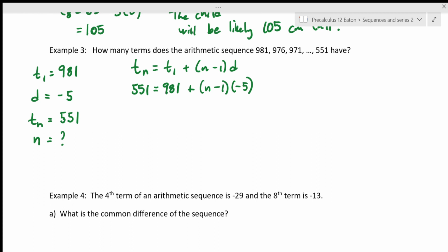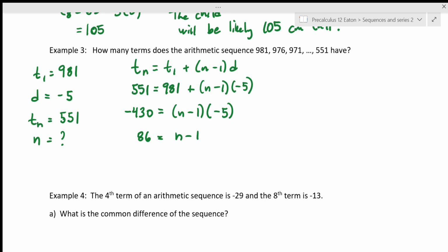Okay, so now I usually try to just get all the numbers on one side first before dividing. So I'm just going to subtract 981 from both sides, which leaves me with -430 is n minus 1 times -5. And then I'm going to divide both sides by -5, which gives me 86 equals n minus 1.